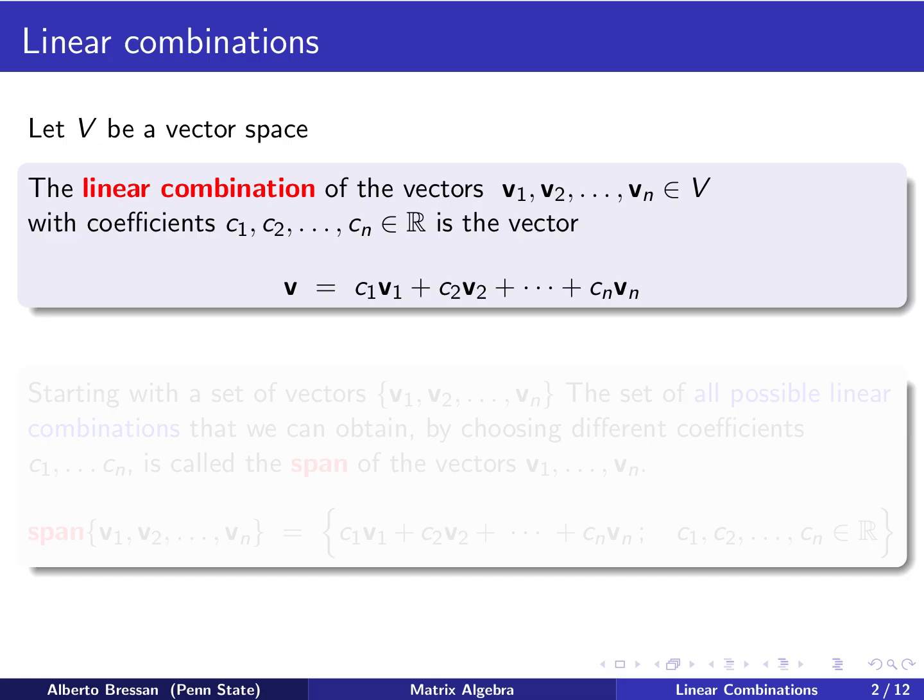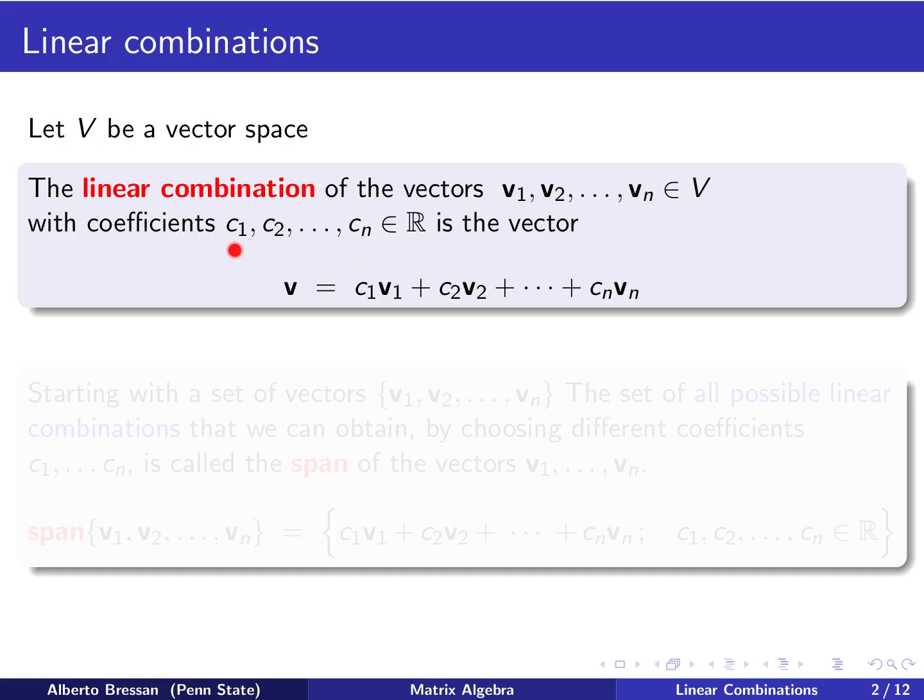Let's begin with introducing the concept of the linear combination. It's associated with a vector space, so let V be a vector space. Then the term linear combination of a set of vectors v1, v2 and vn, n of them, they belong to the space capital V. So you take n vectors and you select coefficients.